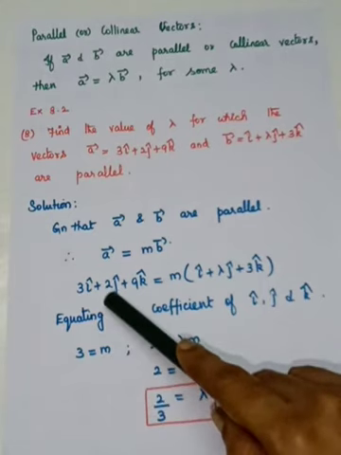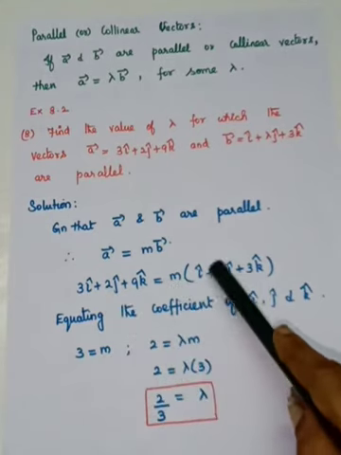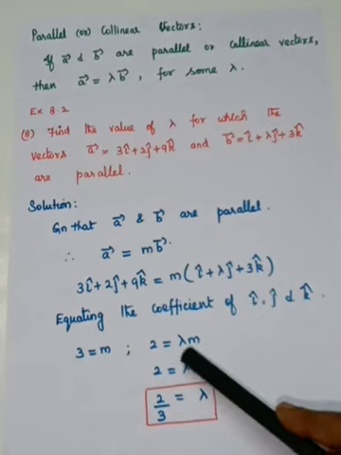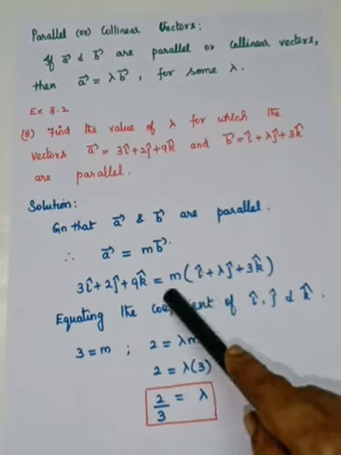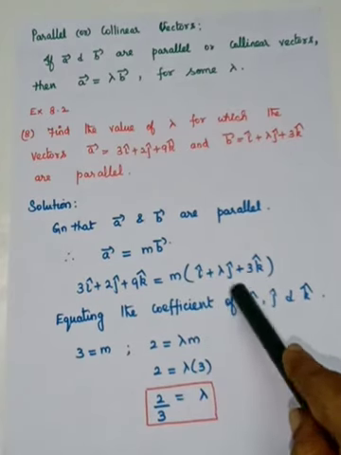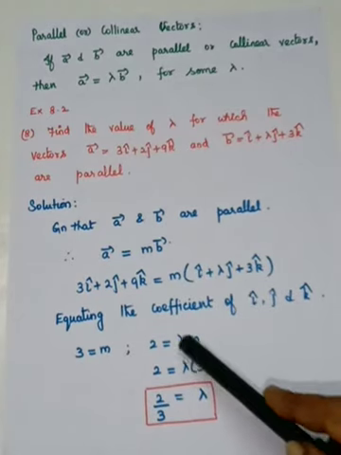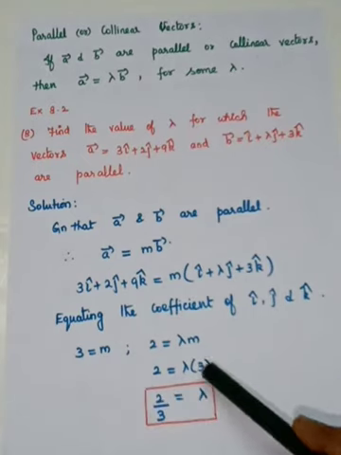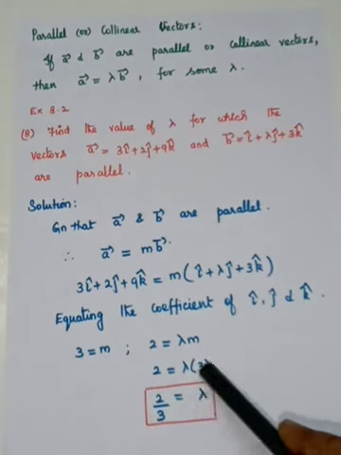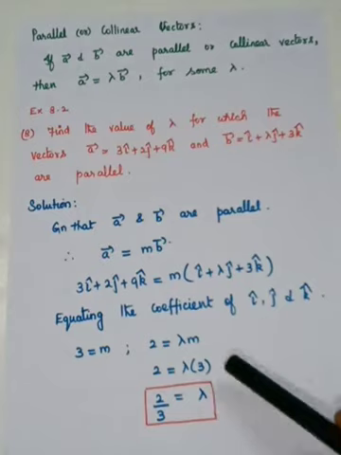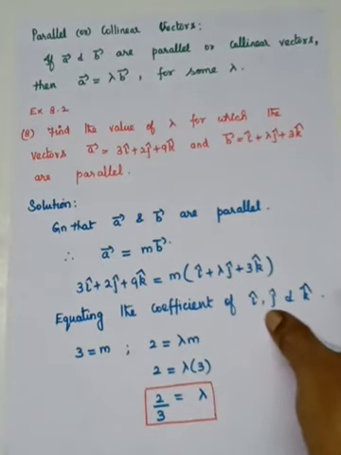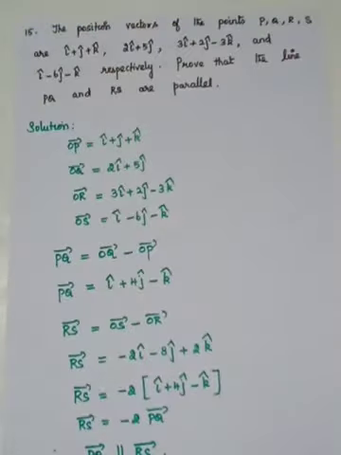Here you are having 2, and here m into lambda. So 2 is equal to lambda m. If you multiply j cap, lambda m j cap, so lambda m is the coefficient. On that you have to substitute m as 3. So 2 by 3 is equal to lambda. So we have found the value of lambda if any two vectors are parallel.